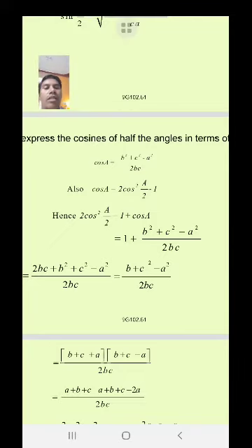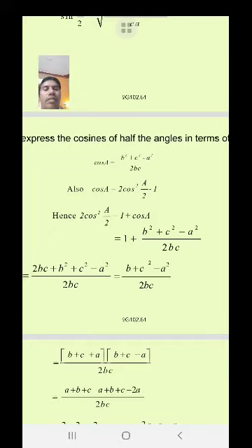So we can write 1 plus cos A equals 2 cos square A by 2. So here we write 2 cos square A by 2 equals 1 plus cos A. Both sides are exchanged, so there is no change.